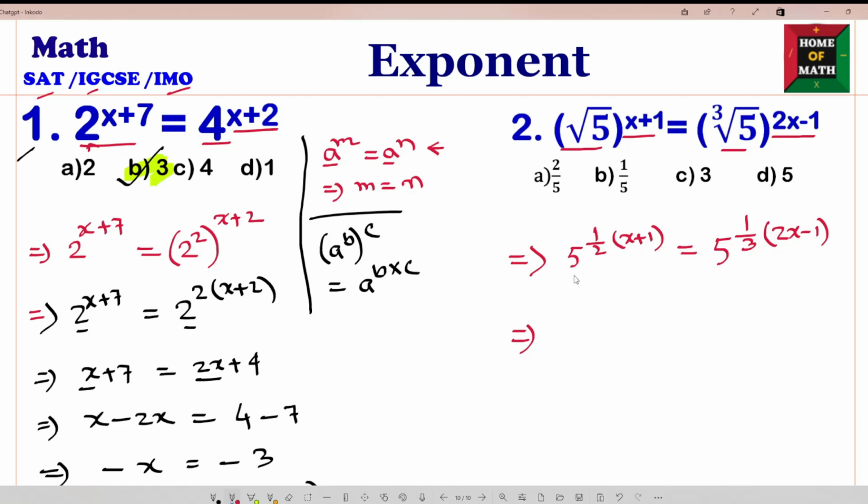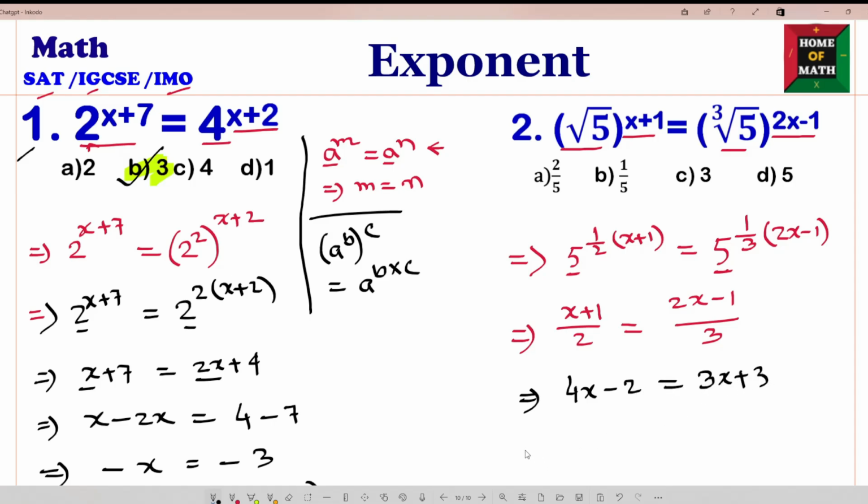Okay, now look, here the bases are the same, so we can write x plus 1 divided by 2 equals 2x minus 1 divided by 3. Okay, now this one we can cross multiply, here is 4x minus 2 and here is 3x plus 3, right?